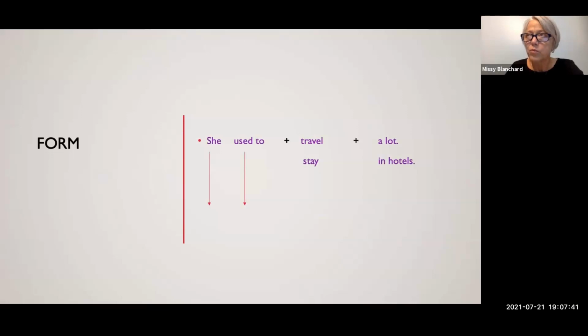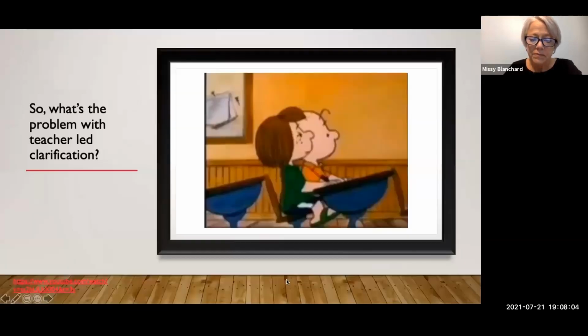Then I would want to go over or explain what we think of as the grammar rules. So here again are my three sentences. And you can see that "used to" and "she" stay the same. So we have the subject plus used to plus the base verb, and then some additional information.